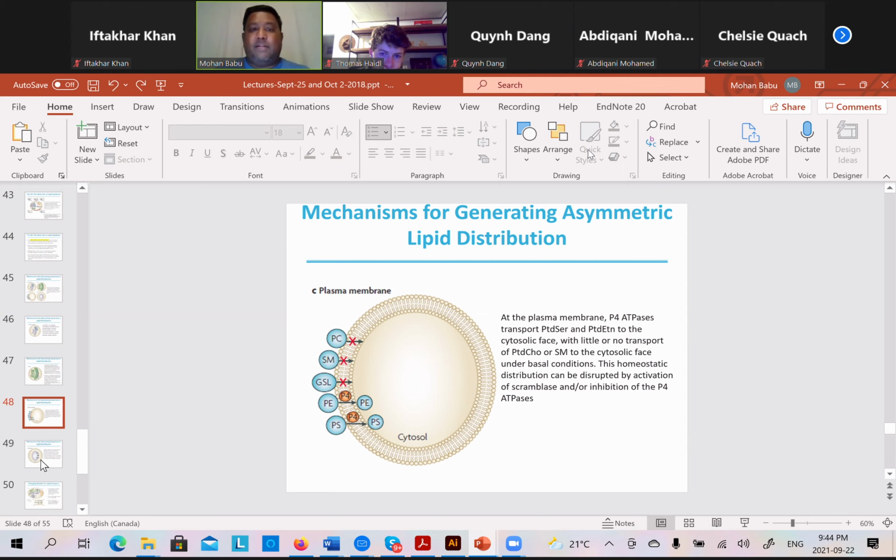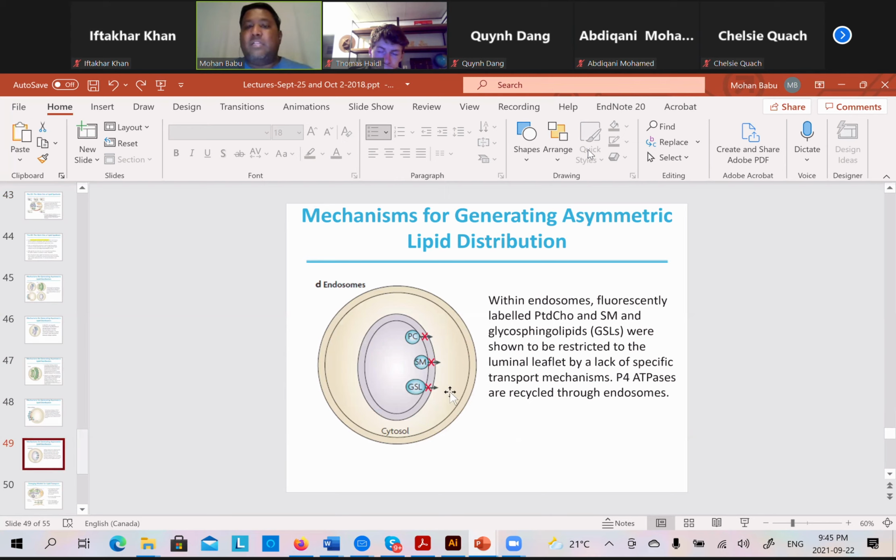All right. So now in the case of endosomes, the phosphatidylcholine and sphingomyelins and the glycosphingolipids, sorry, glycosphingolipids, they all were shown to be restricted to the luminal leaflet by a lack of specific transport mechanism.